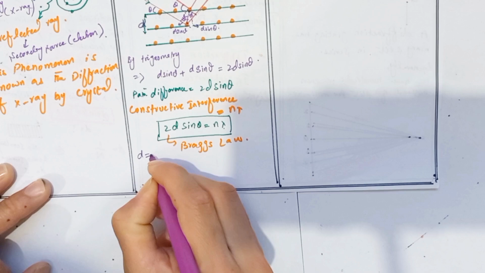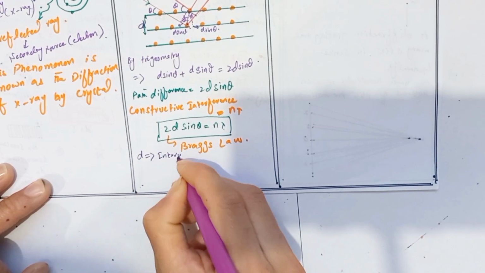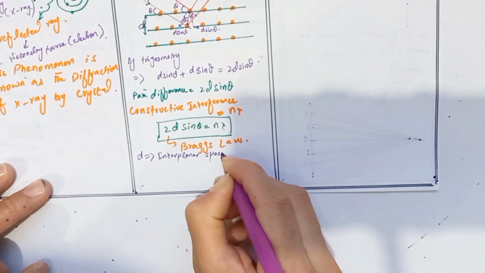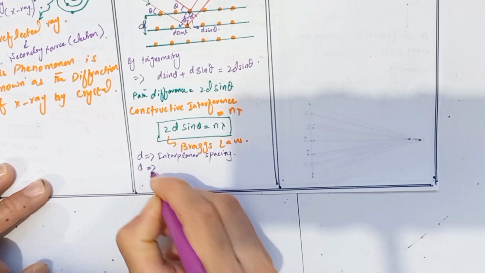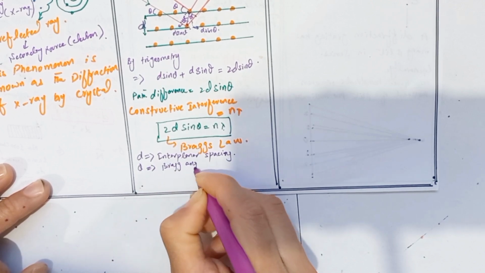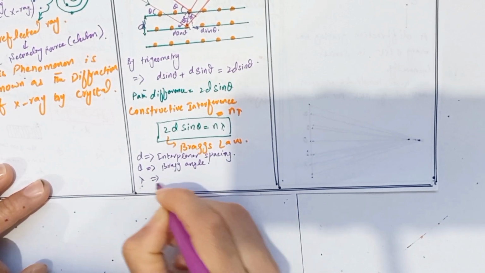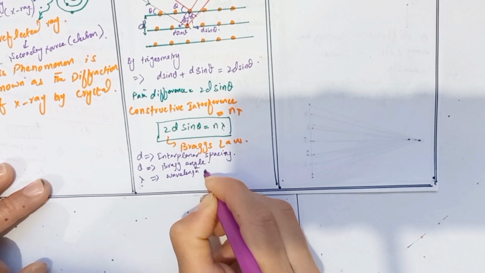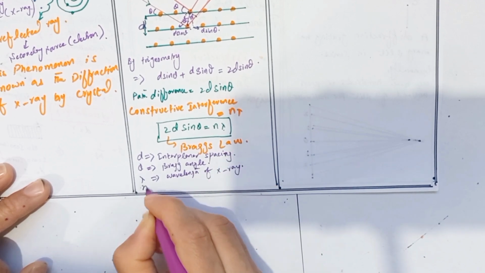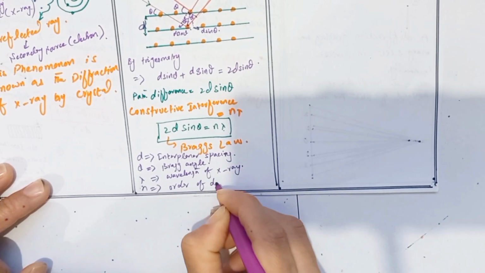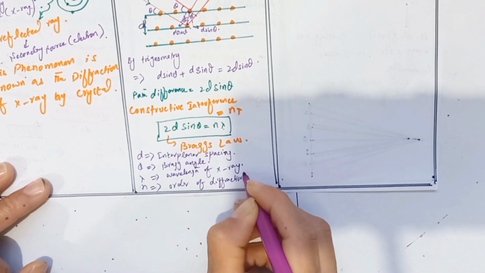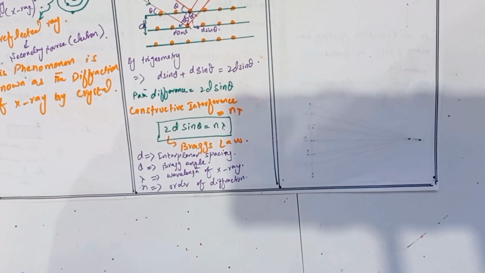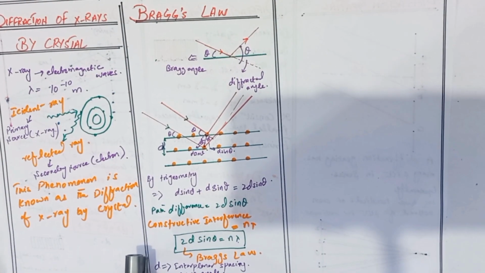Here d is the interplanar spacing, theta is the Bragg angle, lambda is the wavelength of X-ray, and n is the order of diffraction. That is all about the Bragg law.